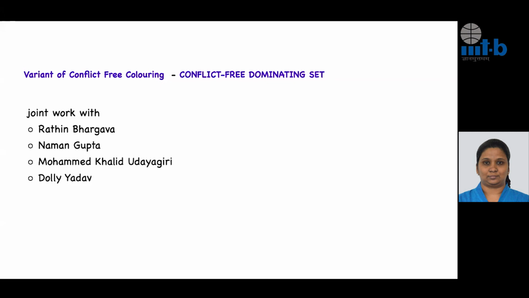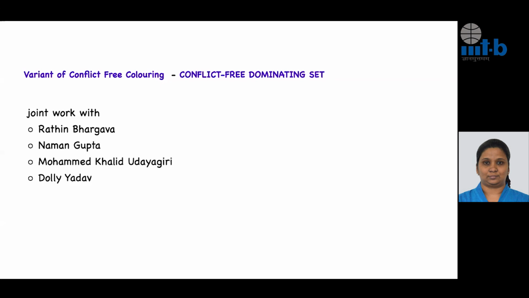So we are optimizing the number of colors, and after that, we are optimizing the number of colored vertices. If you want to think about it in terms of cellular networks, then again you are minimizing the frequency, and minimizing the number of base stations you have to build.